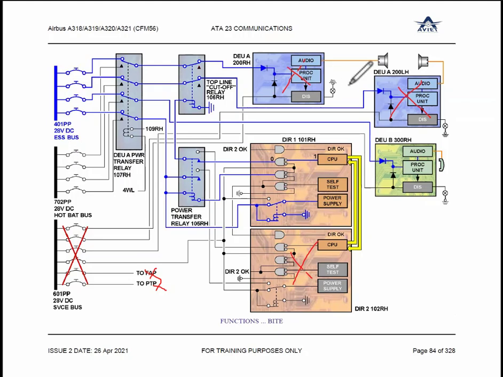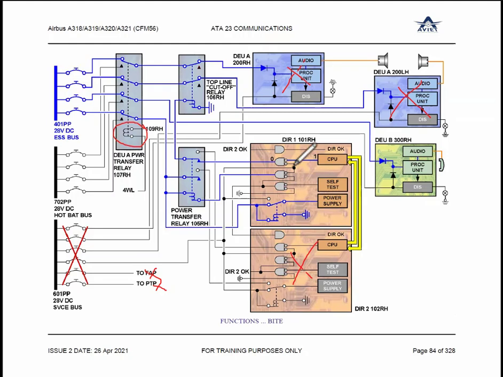This will only be powered when either the pilot or cabin crew is going to make an announcement. So how will this be powered? At that time, this relay will be energized. And this relay will get the signal from the handset, any one of the handsets.